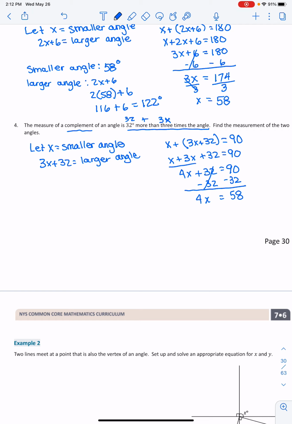Now we are going to divide both sides by 4. So x is going to equal 14.5.